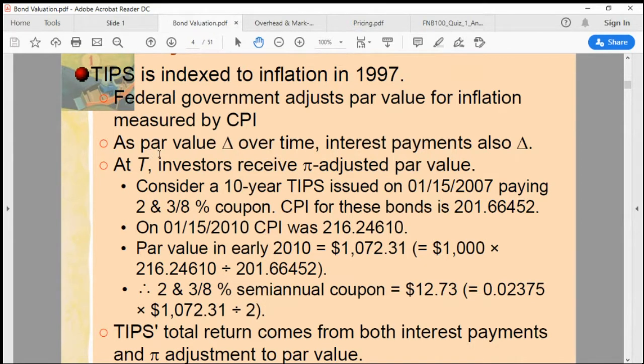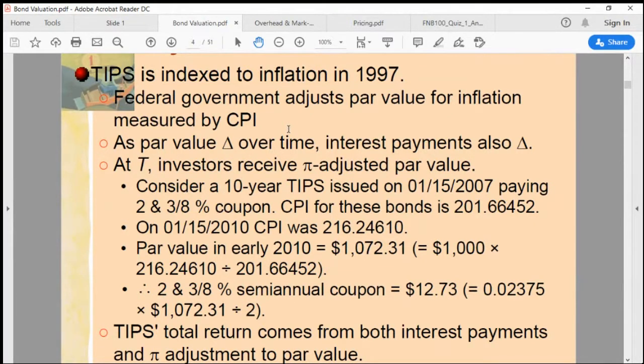So TIPS adjust the par value of $1,000 for inflation, measured by CPI, the Consumer Price Index, right? Now, you know that there are largely three measures of inflation. One is CPI, Consumer Price Index. The other one is PPI, Producer Price Index.